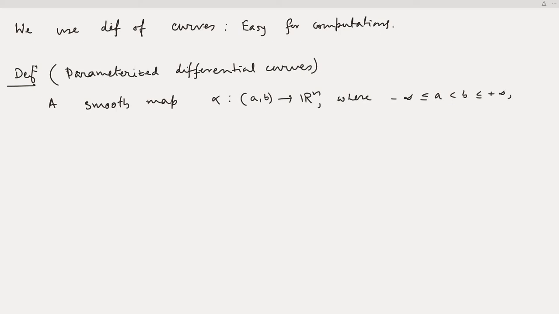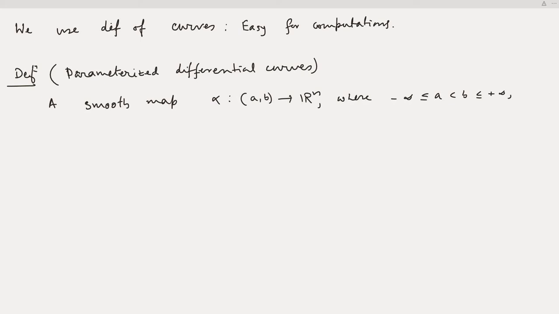So a and b can take the values plus or minus infinity. For example, when a equals minus infinity and b equals plus infinity, then the open interval (a, b) is equal to the whole real line.